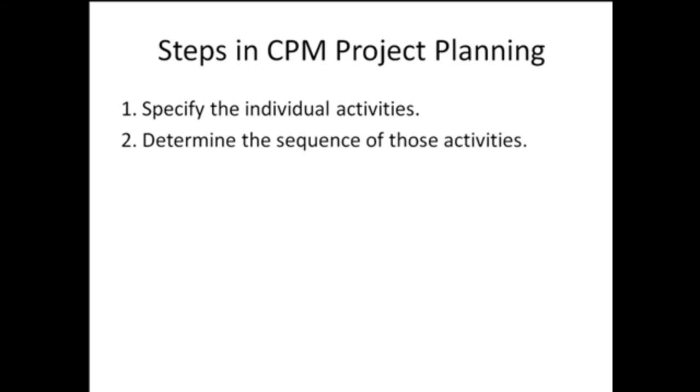Let's look at the steps in creating your critical path for your project. First, specify the individual activities. From the work breakdown structure, a listing can be made of all the activities in the project. This listing can be used as the basis for adding sequence and duration information in later steps. Determine the sequence of those activities.